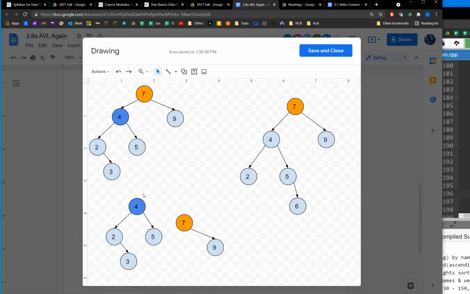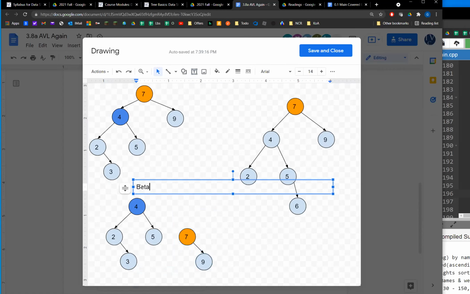In this process, let's go one step at a time to make those make sense. All right, so beta rotated towards alpha.